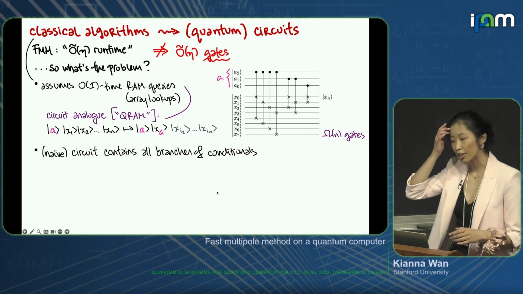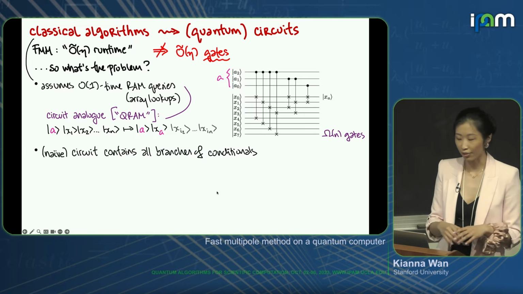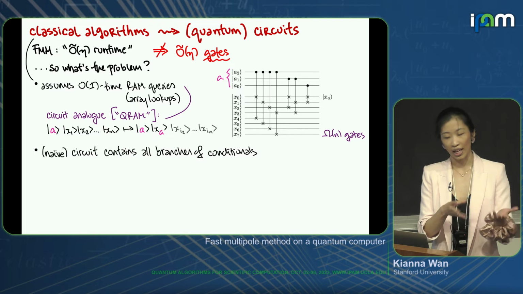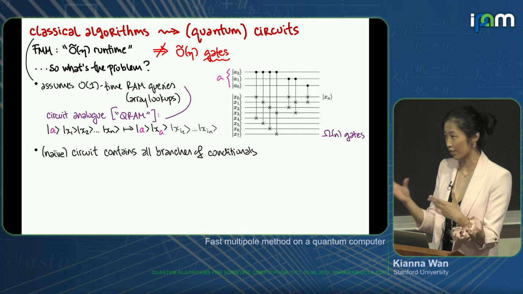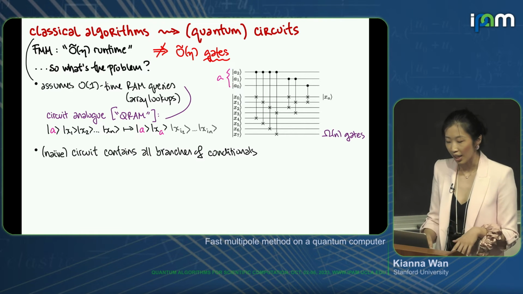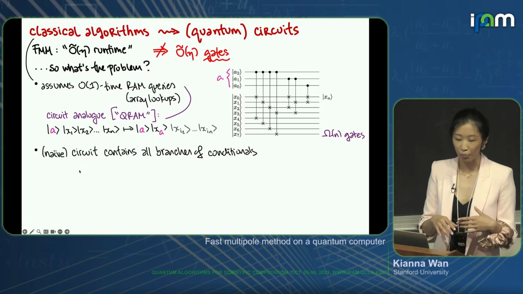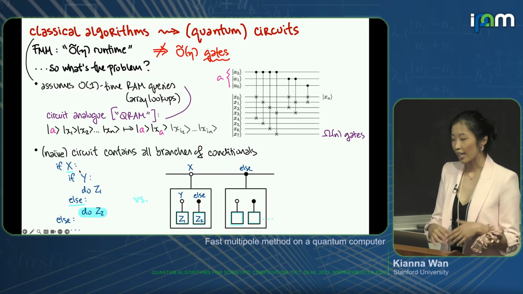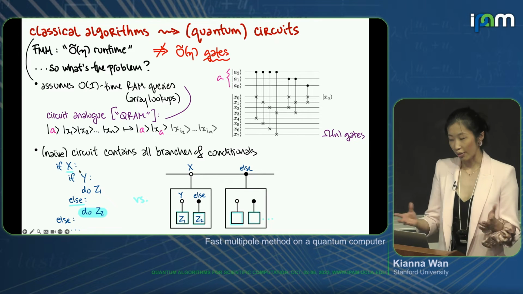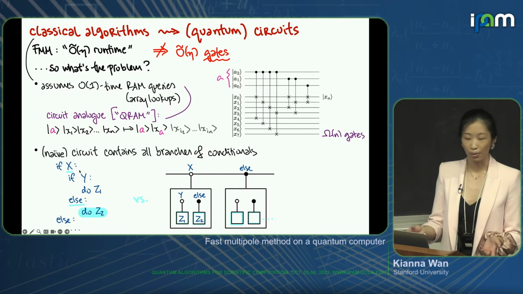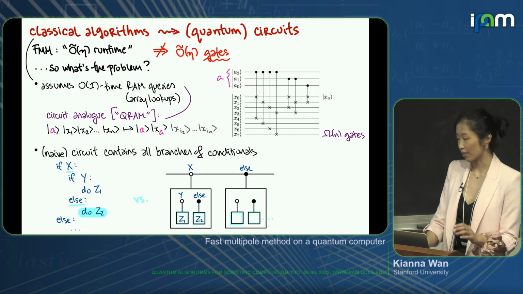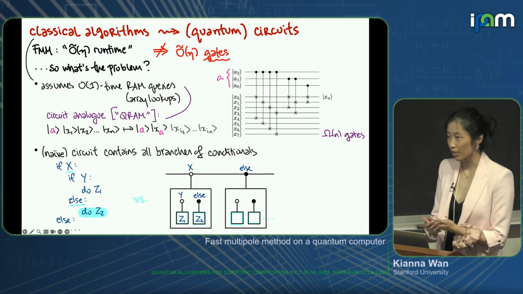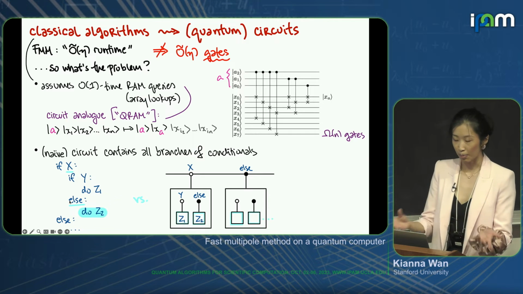But before I do that, I also want to point out a different, although sort of related issue that arises when generally trying to go from classical algorithms to quantum circuits, or even just classical circuits. And this is the difference in the complexity of conditional operations. So in an algorithm, if we have multiple different computational paths, as for instance if we have some if-else type statements, then the algorithm is only going to take one path on any particular input.